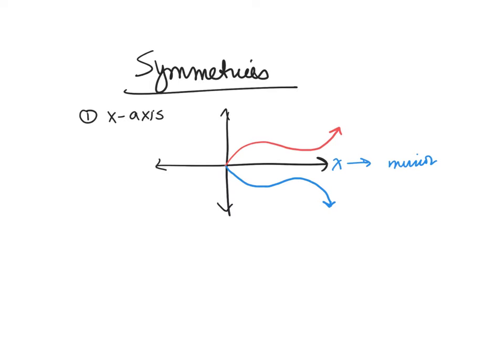But a graph is symmetric with respect to the x-axis if every point (x, y) on the graph, the point (x, -y) is also on the graph. So I'm going to write that.